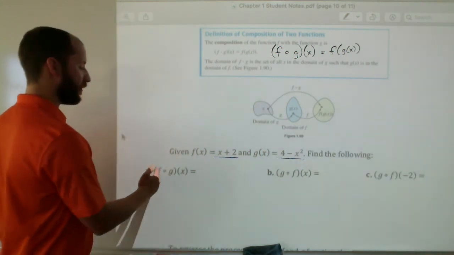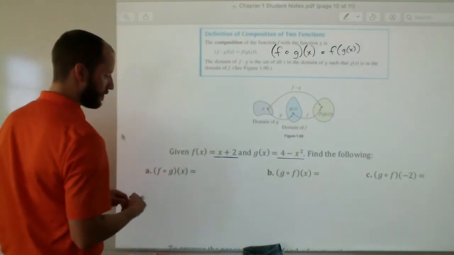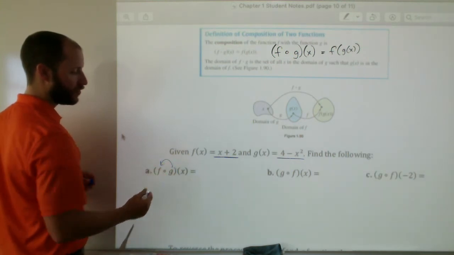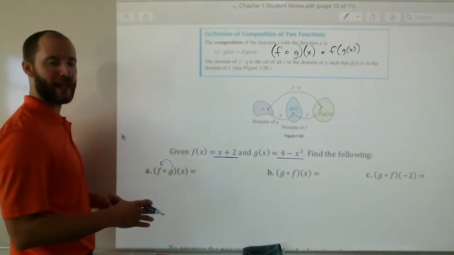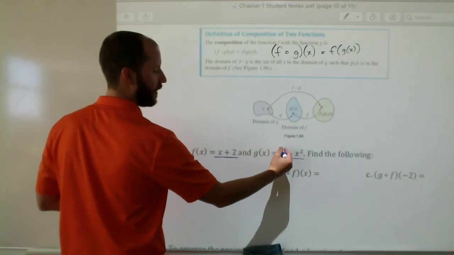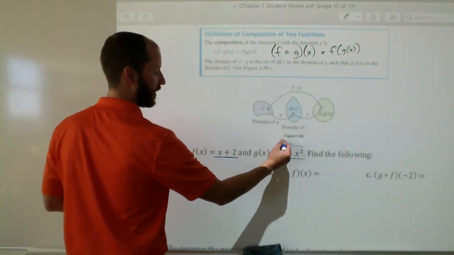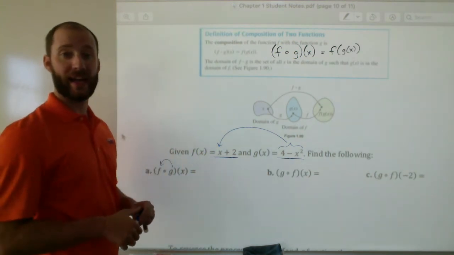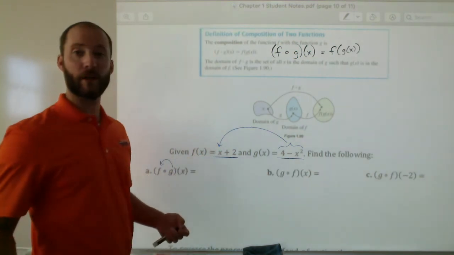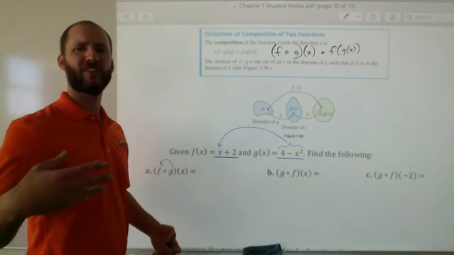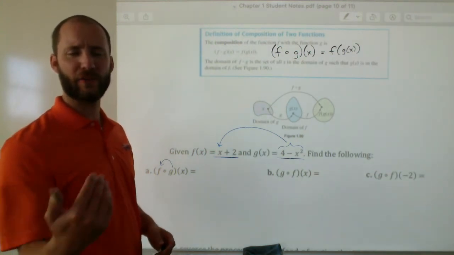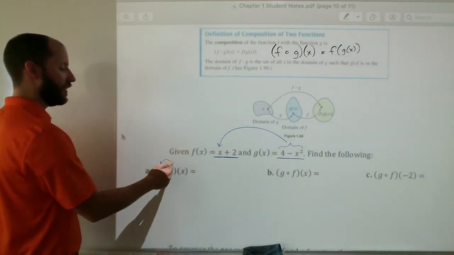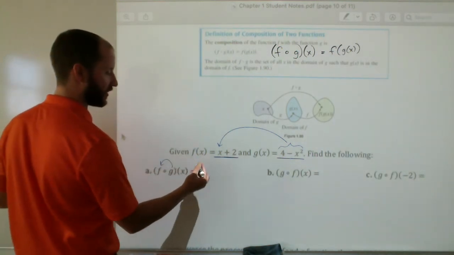So when you have f of g, that means that g is getting plugged into the f function. So 4 minus x squared is getting plugged in wherever you see an x. It could be one time, it could be multiple times. Wherever you see that x, you plug it in. Just like when you're evaluating functions. When you do f of 2, you plug 2 in wherever there's an x value. F of g, you plug g in wherever there's an x value.